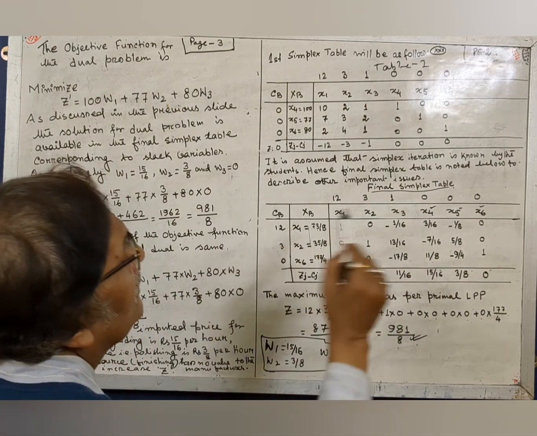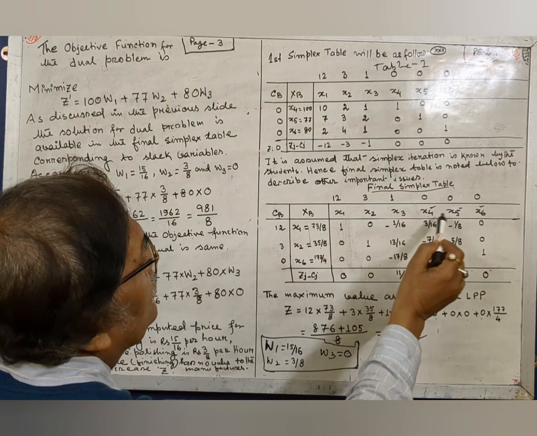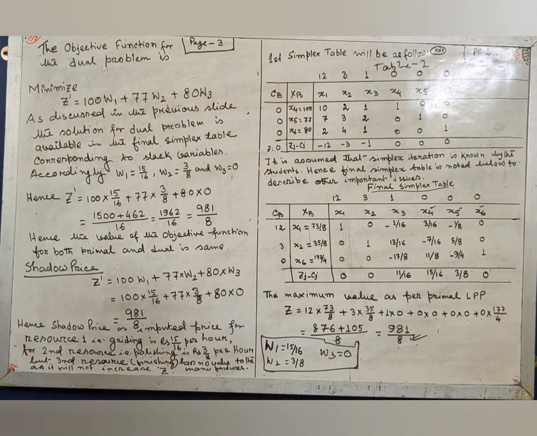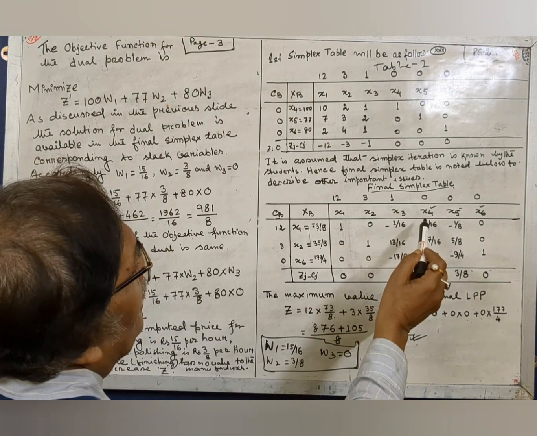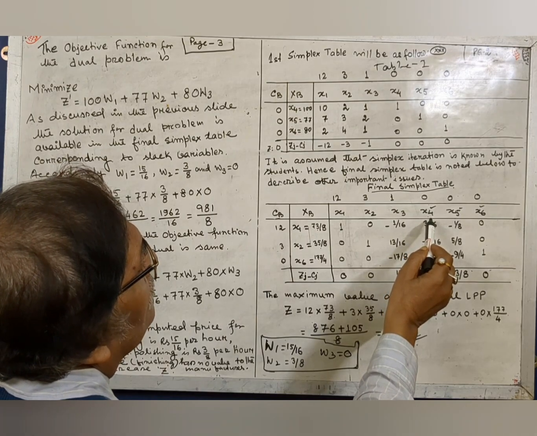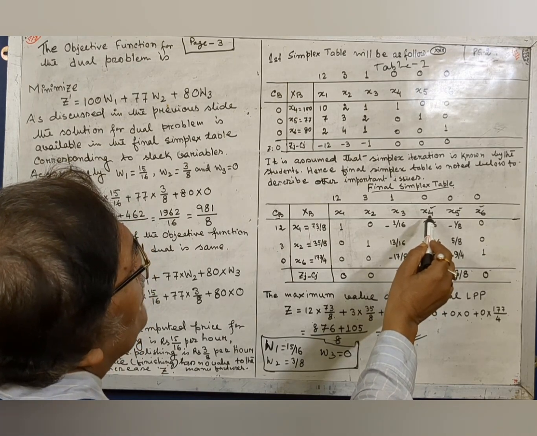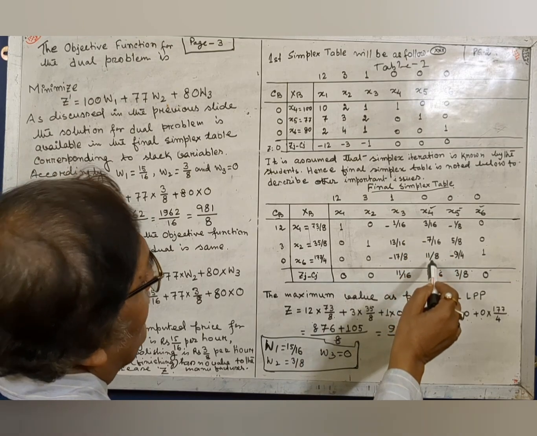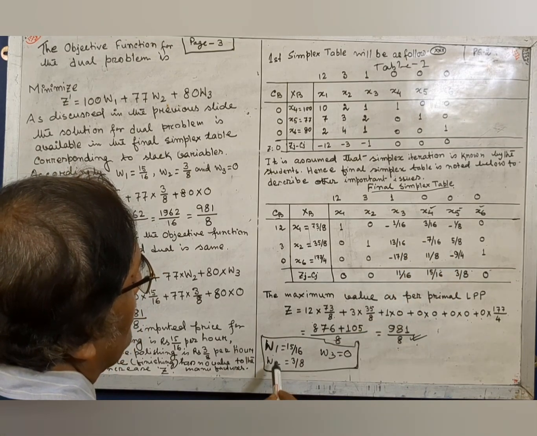In this problem, the slack variables are x4, x5 and x6. That's why for the dual problem, the solution, which I have already mentioned at the time of formulation, the dual variables are W1, W2, W3.